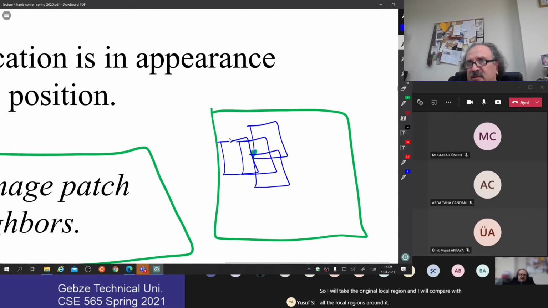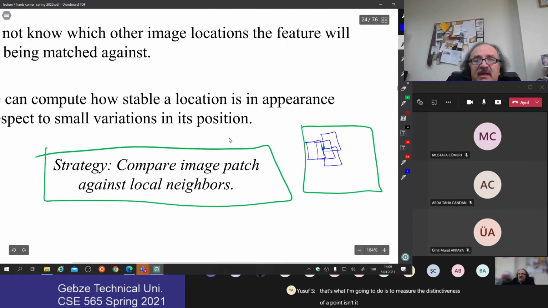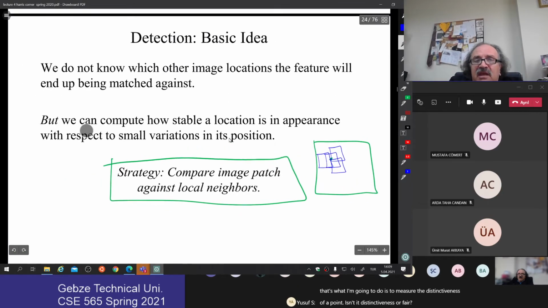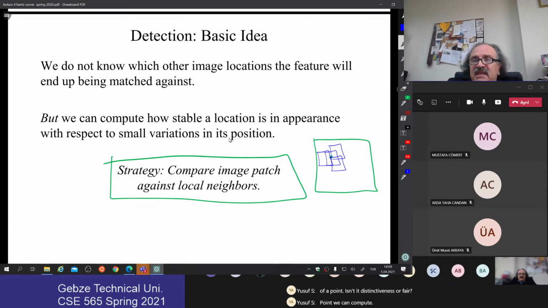If they are similar, then that means that point is not a distinctive point, right? They should be all different. So that's what I'm going to do to measure the distinctiveness of a point. We can compute how stable a location is in appearance with respect to small variations in its position.